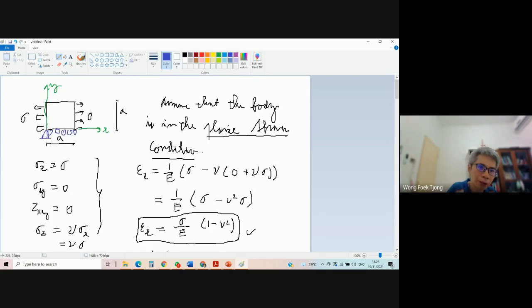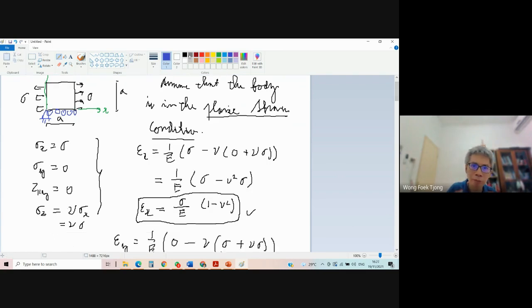Okay, so the boundary condition at the bottom edge, the displacement v is equal to 0, but I need the displacement in x at 0. So let me write the boundary condition.